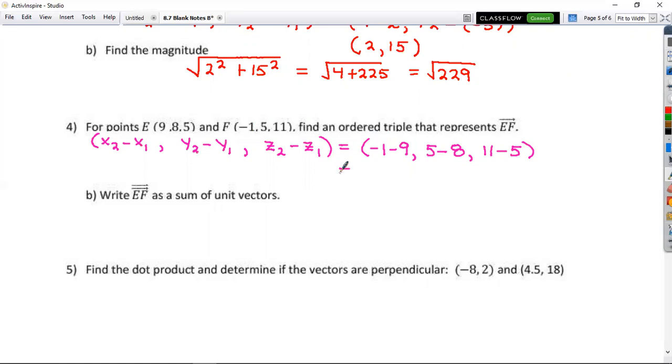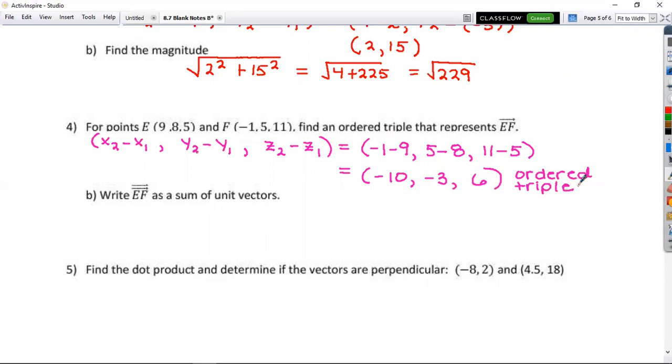So the ordered triple notation is going to be -10, -3, and 6. And again, with notational things, just make sure you're typing these in the correct format. So this is what we call ordered triple notation. So if the question specifies to type it as an ordered triple, this is what you're looking at.